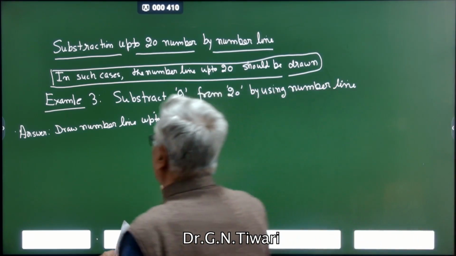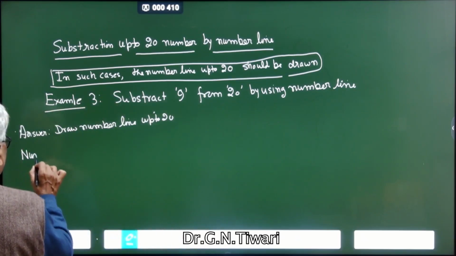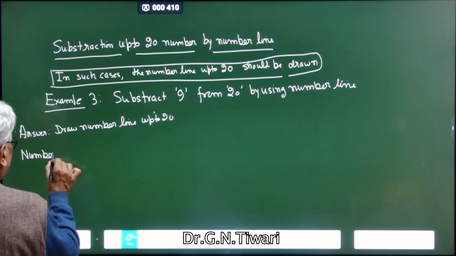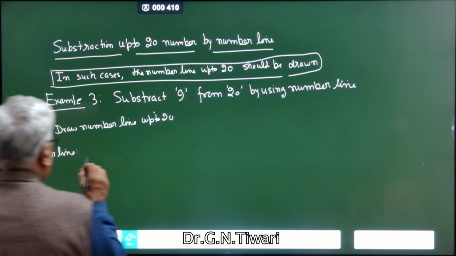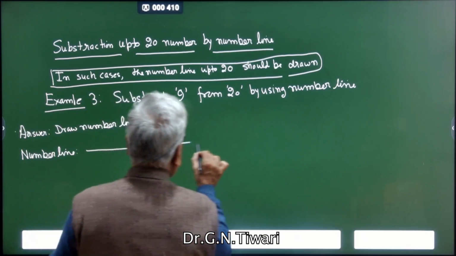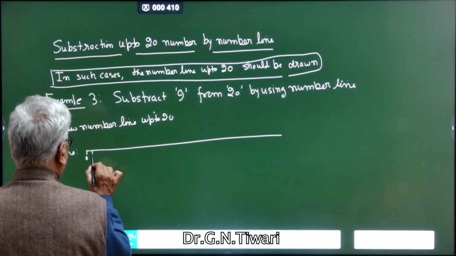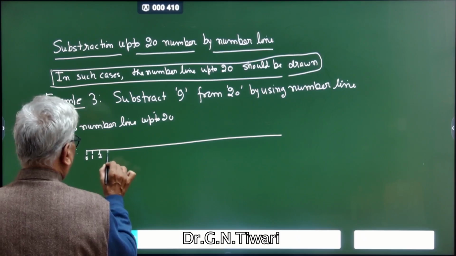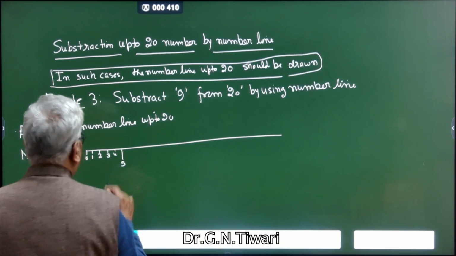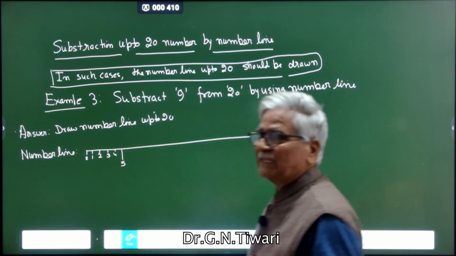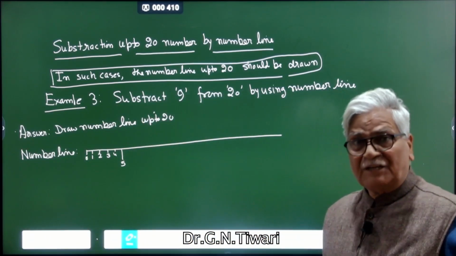So the number line will be from here to here: 0, 1, 2, 3, 4 and 5. In a book, the number line is already there, the student only has to draw. But you request the student to draw the line in a copy itself.